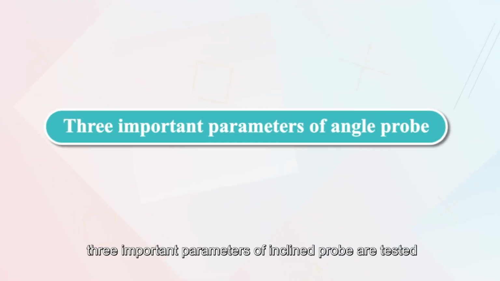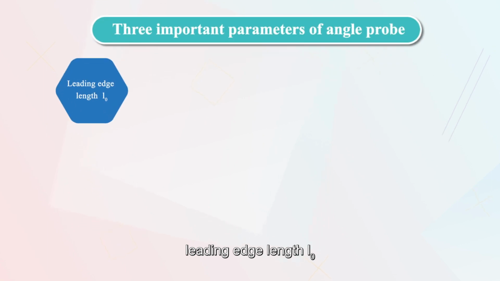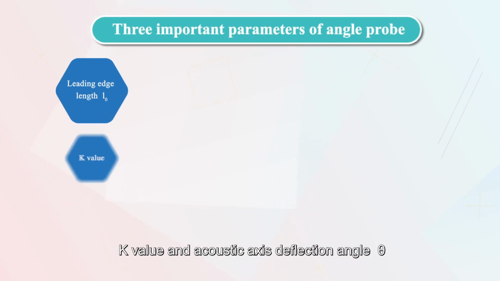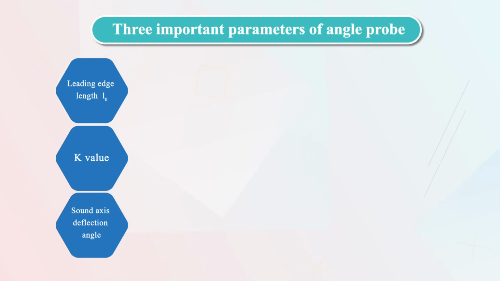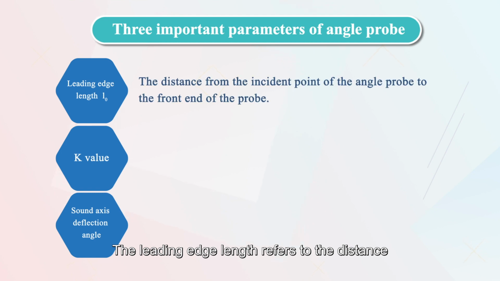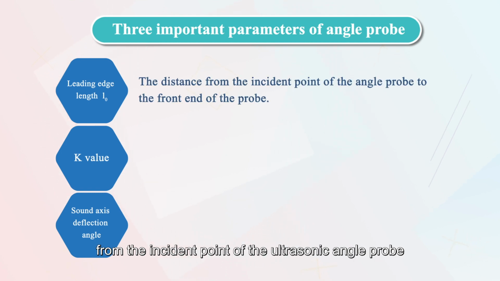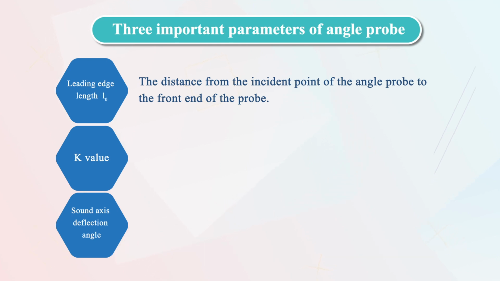In this experiment, three important parameters of the inclined probe are tested: leading edge length l0, K value, and acoustic axis deflection angle zeta. The leading edge length refers to the distance from the incident point of the ultrasonic angle probe to the front end of the probe.